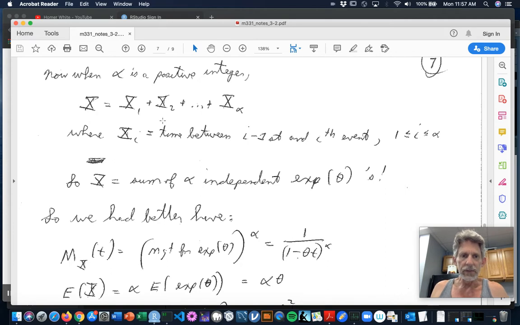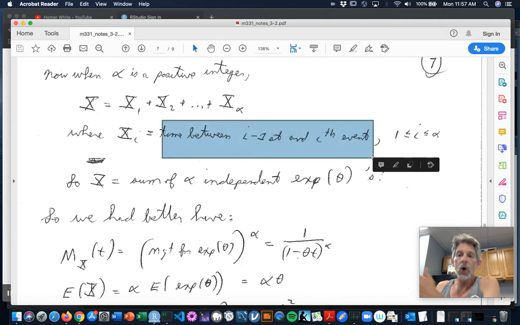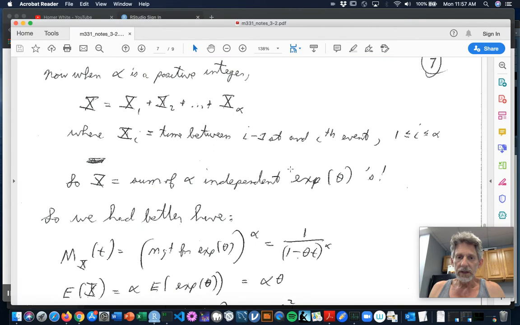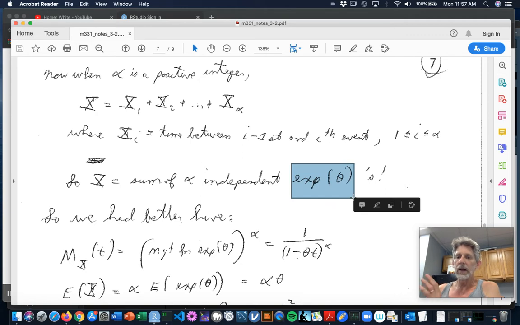Furthermore, each of them is waiting for one other event, and therefore each of them is an exponential random variable, the waiting time till the first event. So they're all exponential and they all have the same theta parameter because they're all part of that same Poisson process.